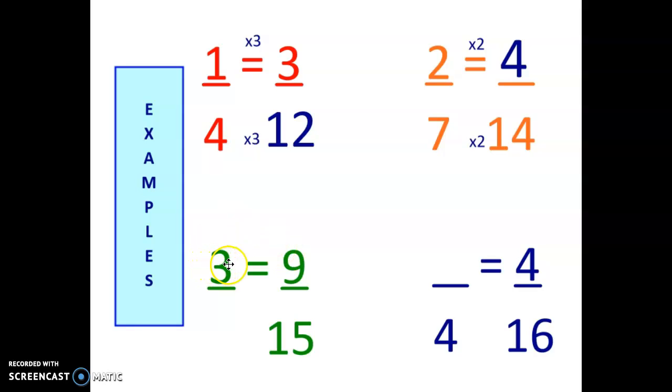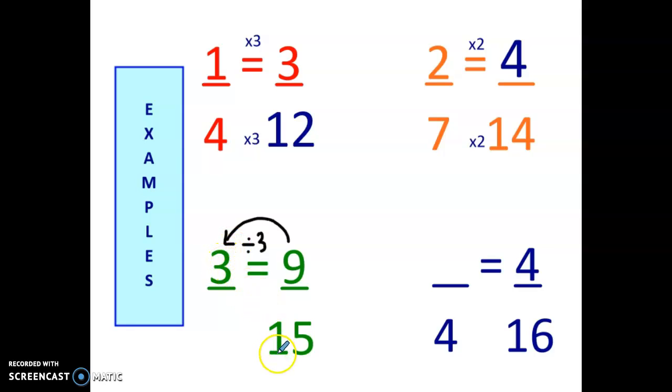I can only use multiplication or division. How do I get from 9 to 3? I divide by 3, correct. And that is going in the opposite direction. 9 divided by 3 is 3.